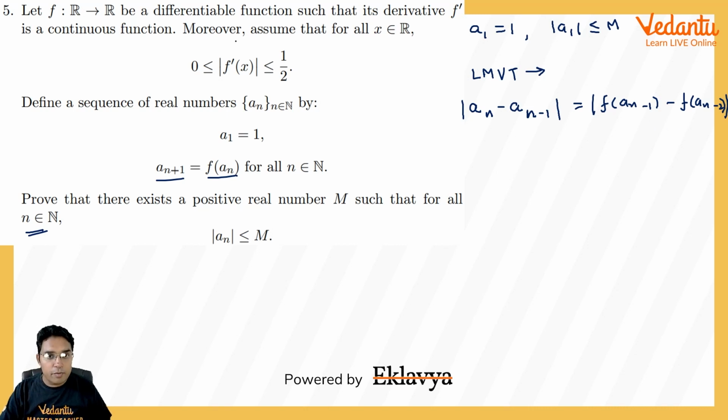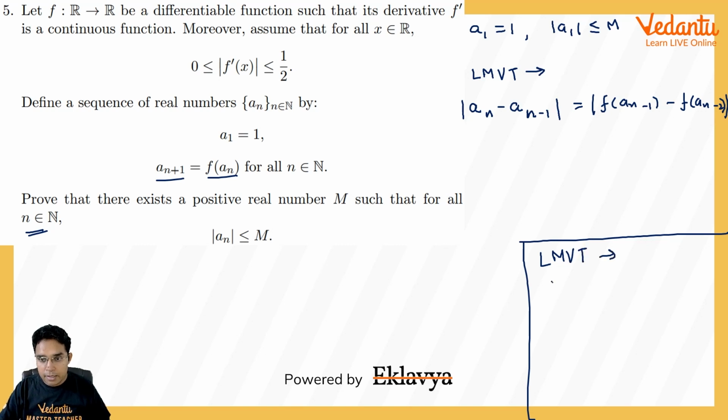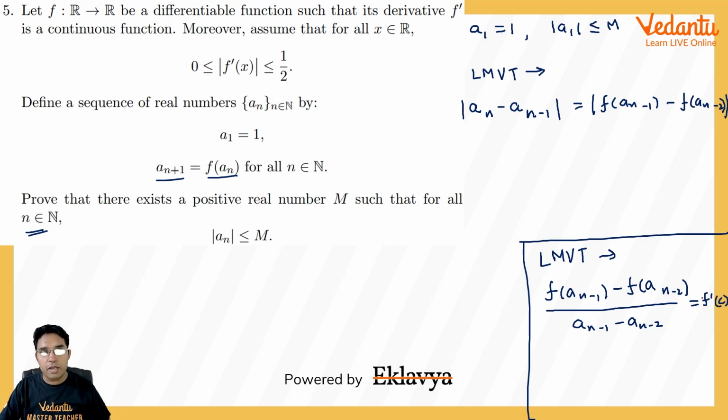Now because this function is differentiable and f' is a continuous function, using LMVT, this f(a_{n-1}) minus f(a_{n-2}) divided by a_{n-1} minus a_{n-2} will be equal to some f'(c), where this c lies between a_{n-1} and a_{n-2}, because this function is differentiable and f' is continuous.